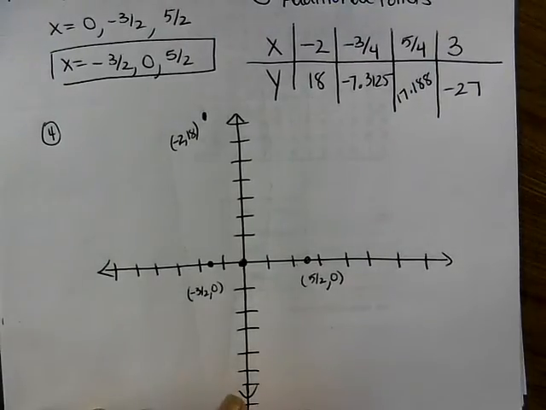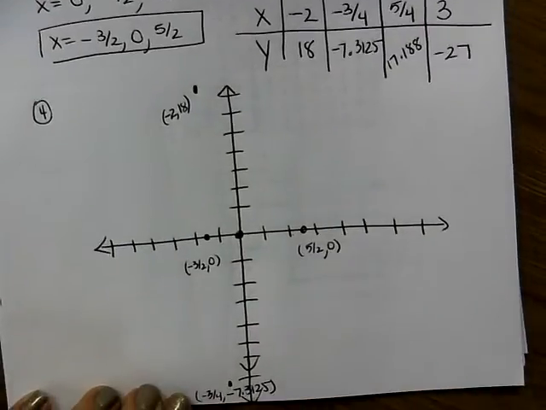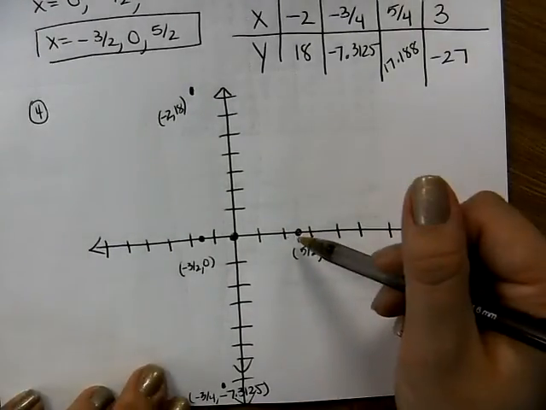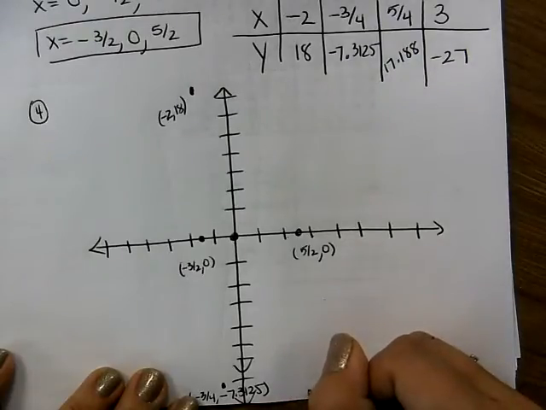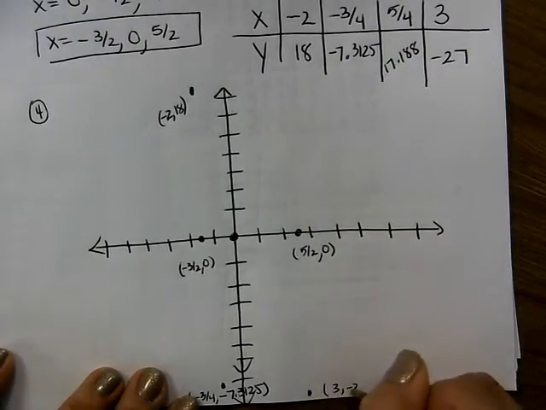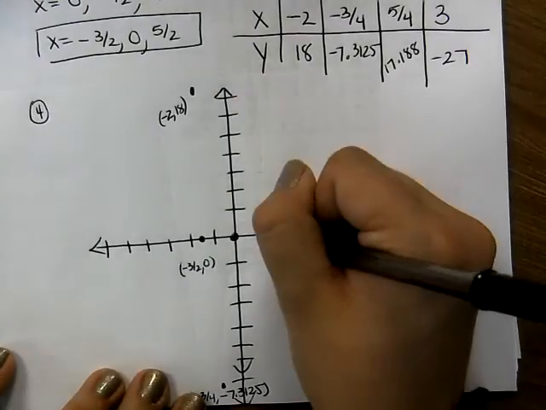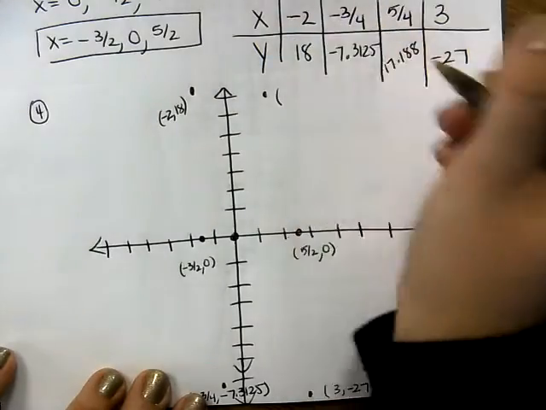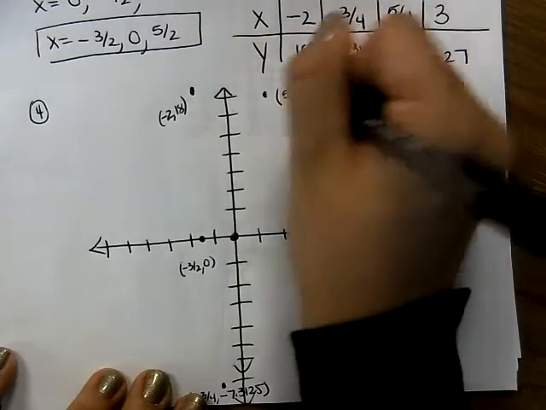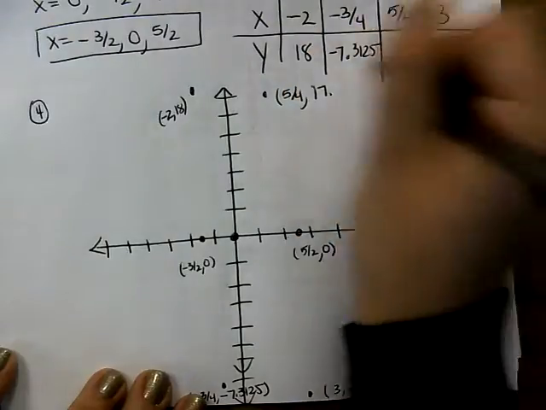Let's see, positive 3, negative 27 is going to be way down here. And then 5/4, 17.188 is going to be right here, let's say. Okay, now I realize that our y scale is not really accurate, but we have our points labeled, so it's good enough.